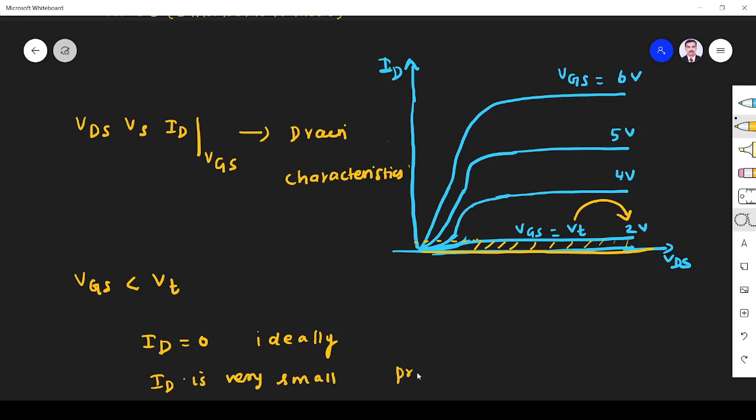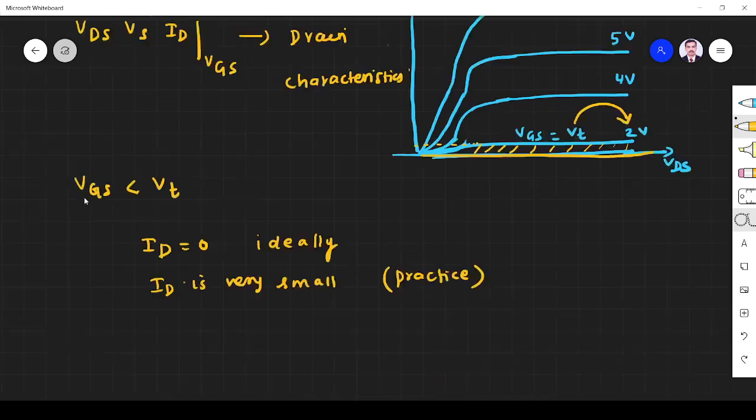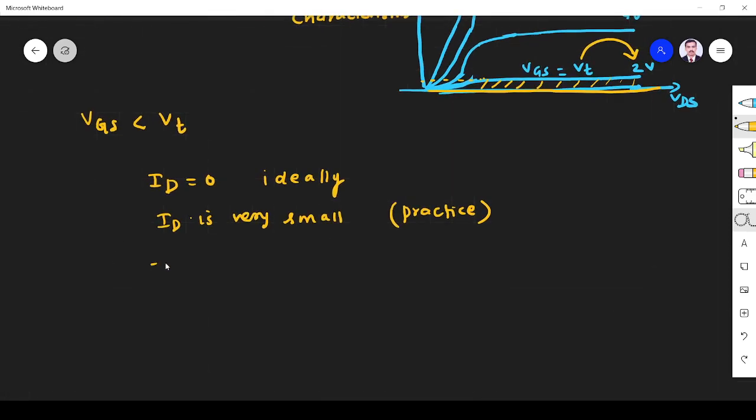What is the reason? The current flows due to thermally generated electrons in the p-type substrate.